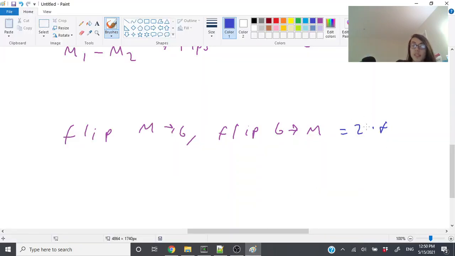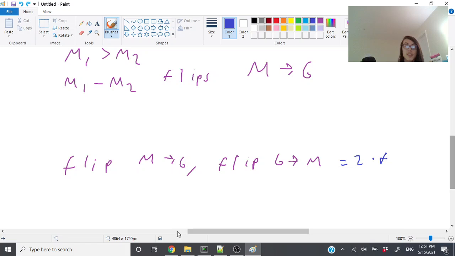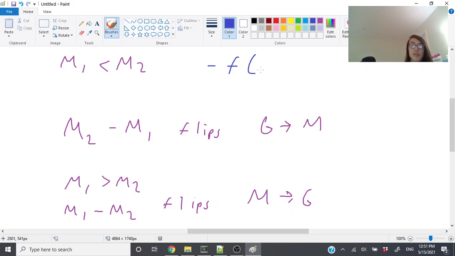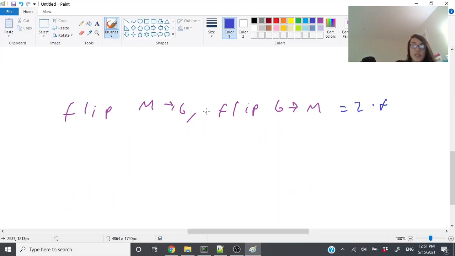So we just assume we're spending 2 times f for every flip, which is a problem because this sometimes overcounts. If m1 is less than m2, that means sometimes we don't flip back because we need the Ms to be G's. So in that case, the initial cost is negative f times (m2 minus m1), meaning the initial cost is negative, so we save that much cost because we don't do these flips back.